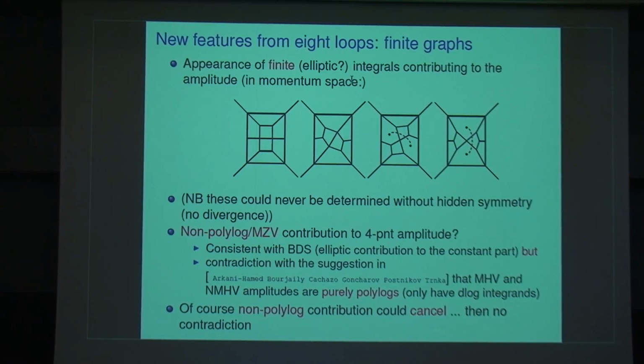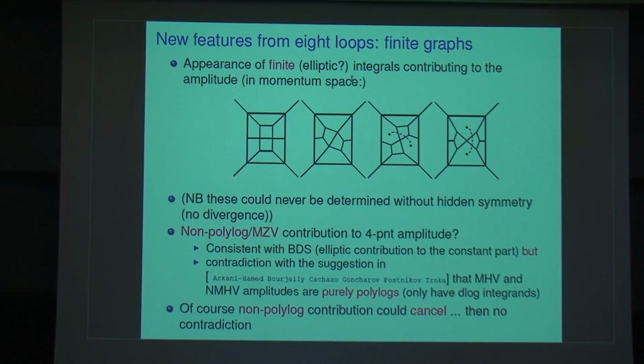So this would actually contradict the results of these people who showed that you only get D log integrands for all MHV and NMHV amplitudes, and therefore, well, I don't think this is a direct statement, but it's strongly suggestive that you only get pure polylogs. Of course, there's no contradiction here because I've got 4 of these.